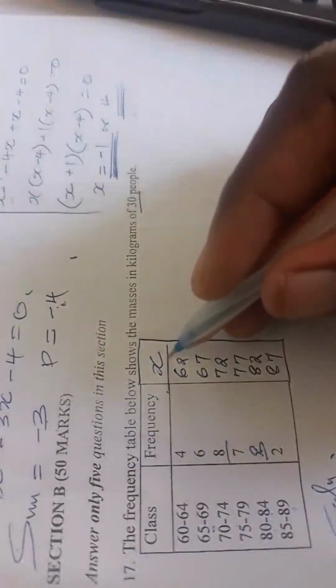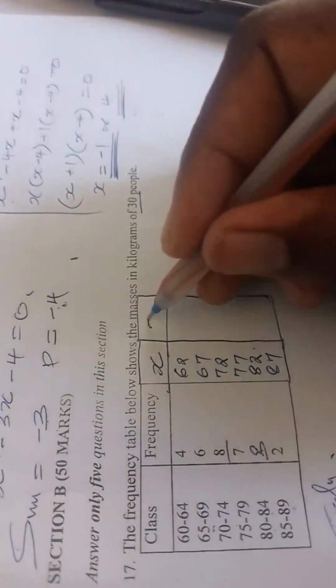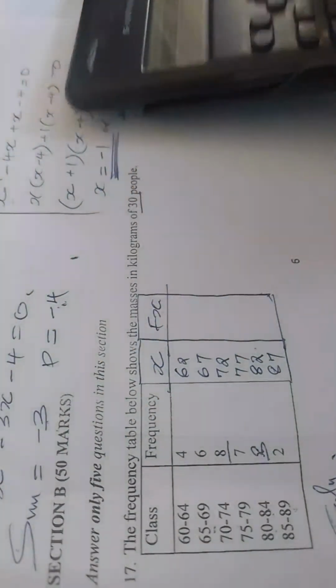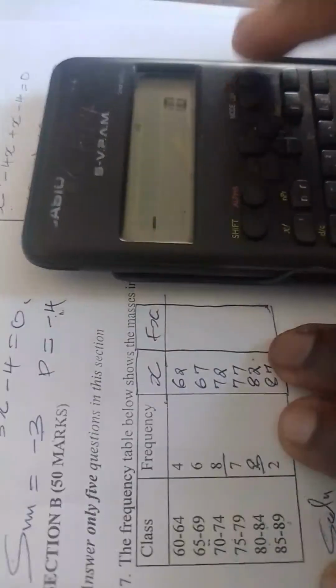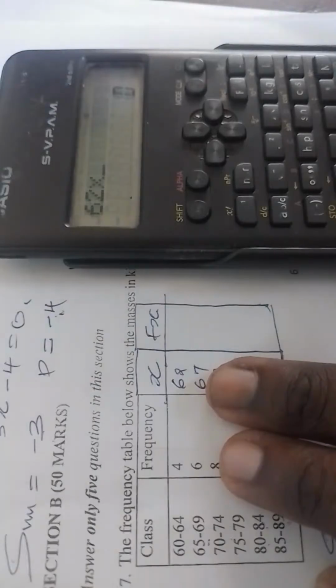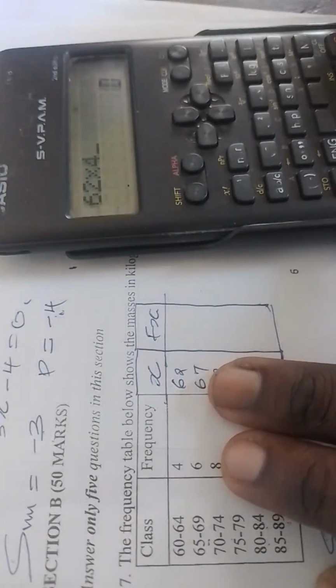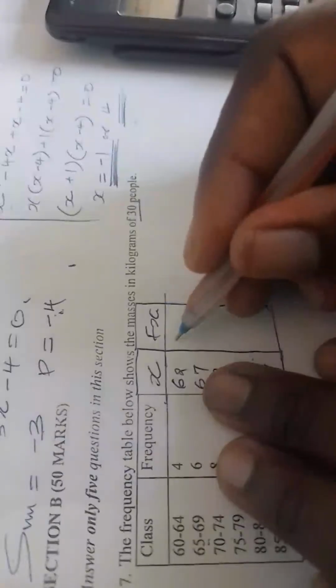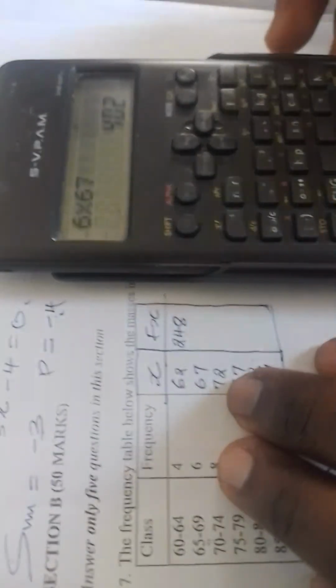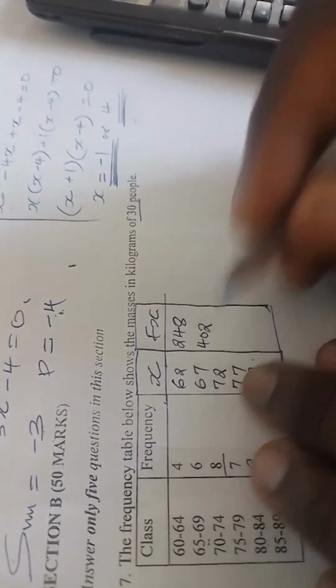Then after that, we need to find fx. So for fx, we are supposed to take the midpoint times the frequency. For example, here we have 62 times 4. It will give us 248. Then we can take 6 times 67. This one will give us 402.